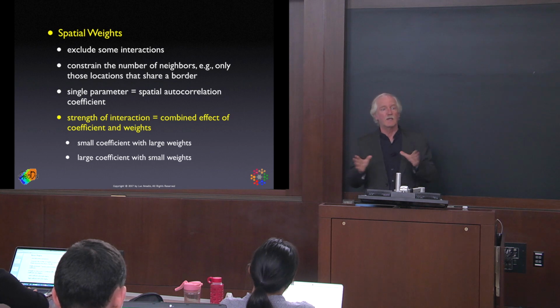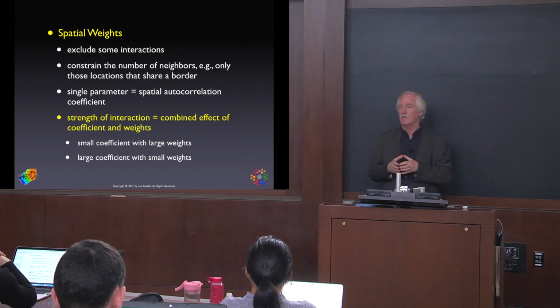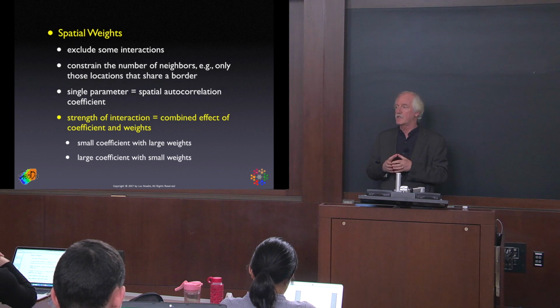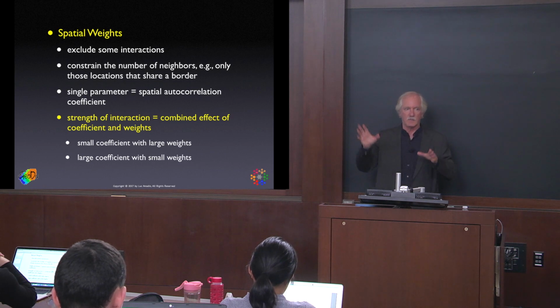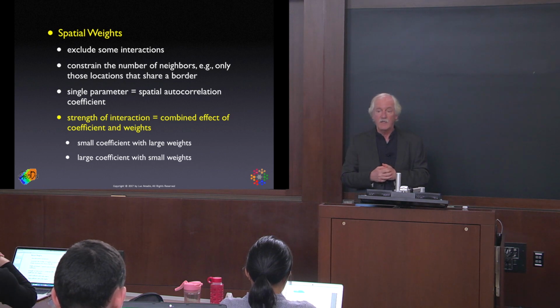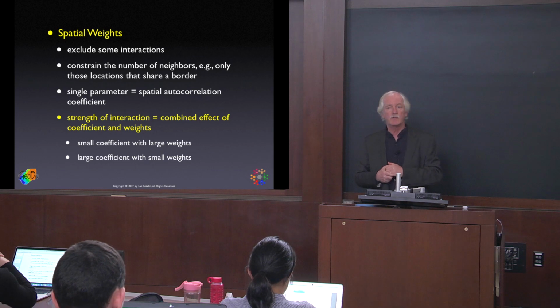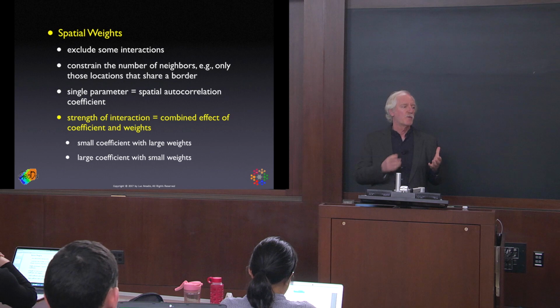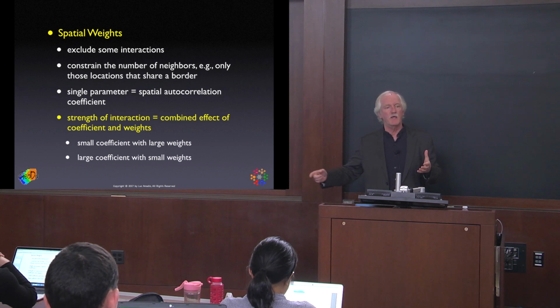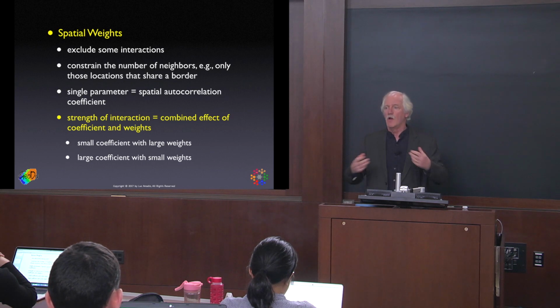But if you don't do that, and for example, a lot of the Bayesian analysis does not standardize the weights matrices, and there's good reason for that, then these parameters can have very strange values, and you can end up with a model where 0.00053 is a highly significant positive autocorrelation coefficient.